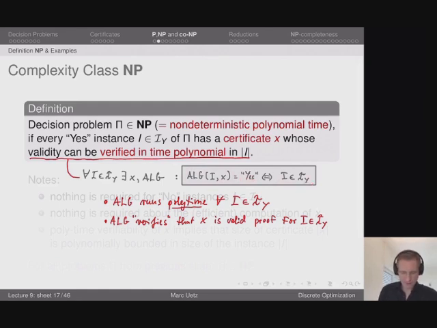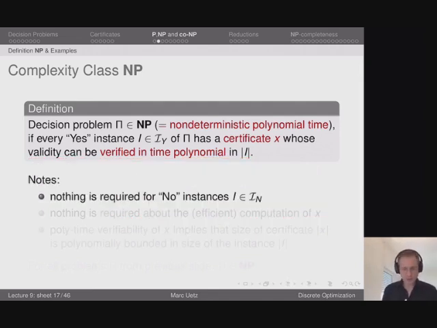It's required that this algorithm runs in time polynomial in the input size for all yes instances. And in that sense, the algorithm verifies the validity of this proof X for yes instances, because it returns yes if and only if the instance was a yes instance. Okay, so that is the definition.